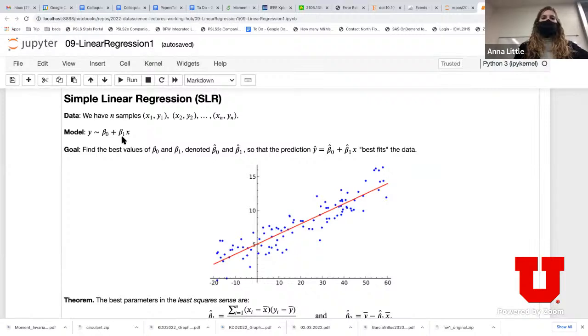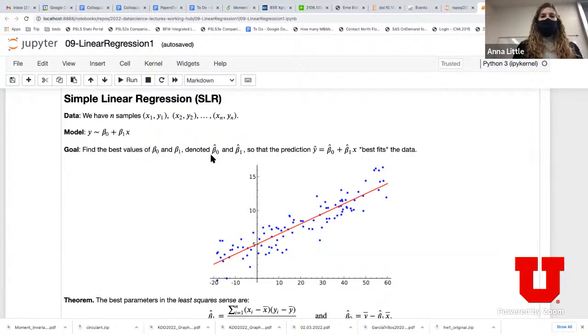Okay, so basically we're interested in computing some line that best fits the data, a line of best fit. When we do that, we are going to approximate the slope and the intercept in that linear relationship.